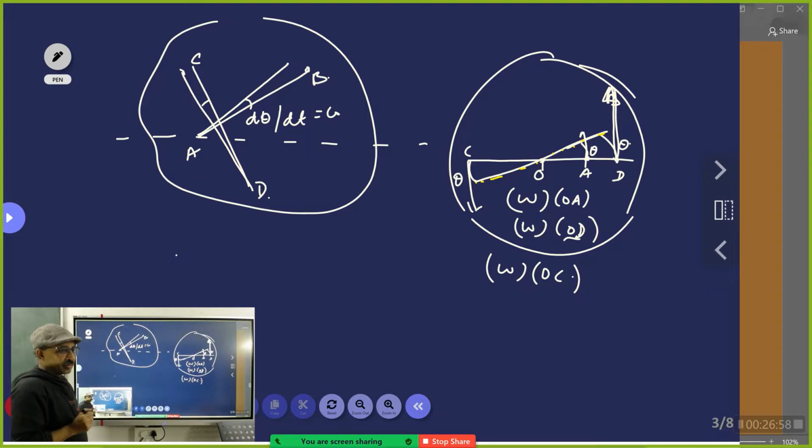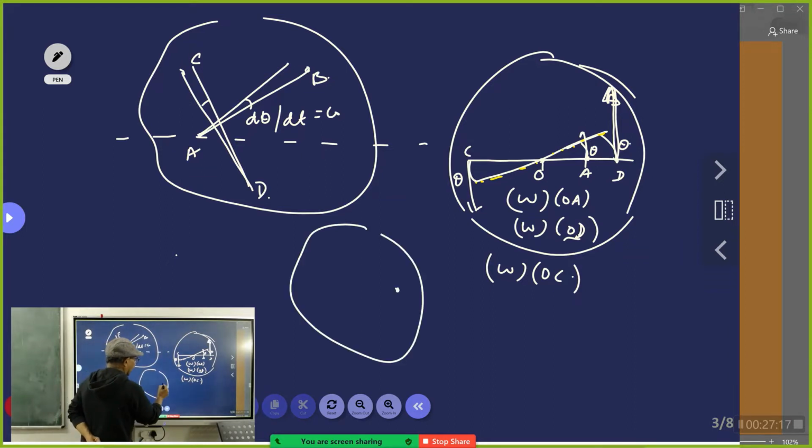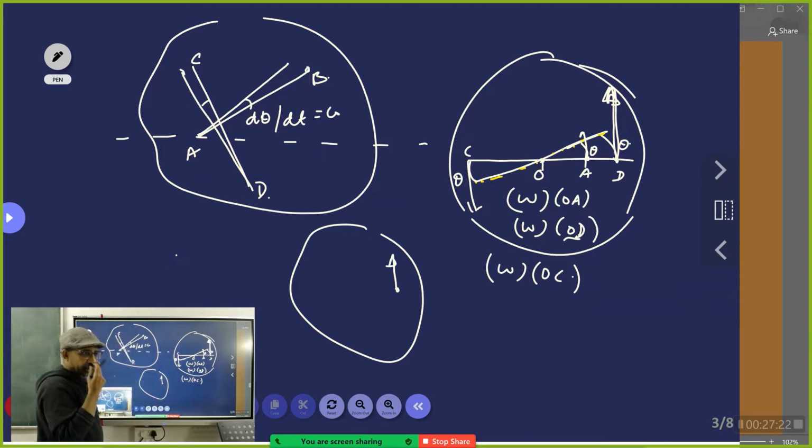Many things like this. So you can see from the velocity vector, now in general, if I give you some particle and say this velocity vector is this, then where is the center of rotation?